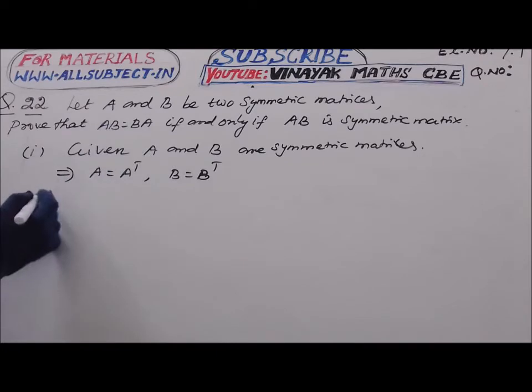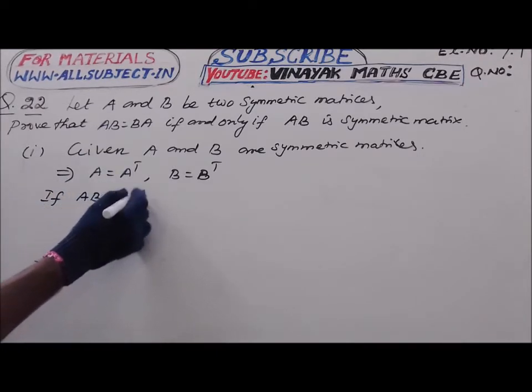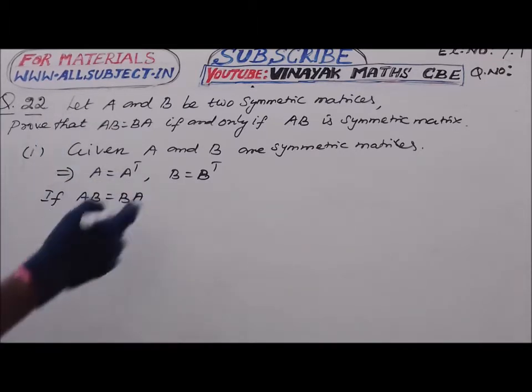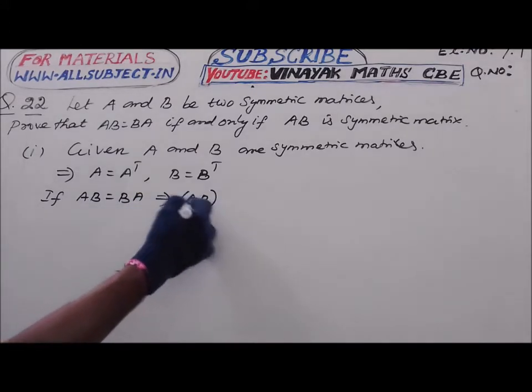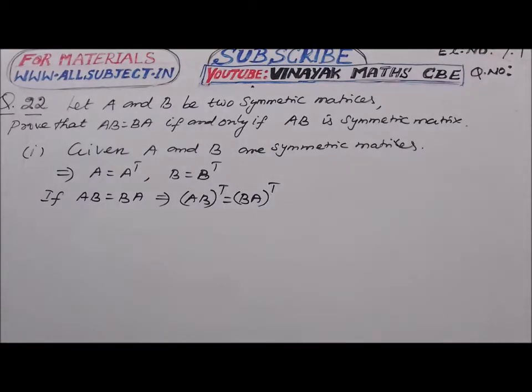Now I am taking AB equal to BA. Given AB equal to BA, now we are taking transpose on both sides, which implies AB whole transpose is equal to BA whole transpose.